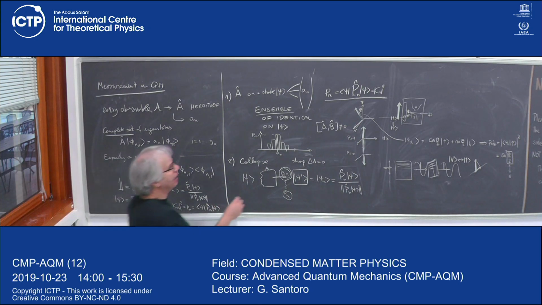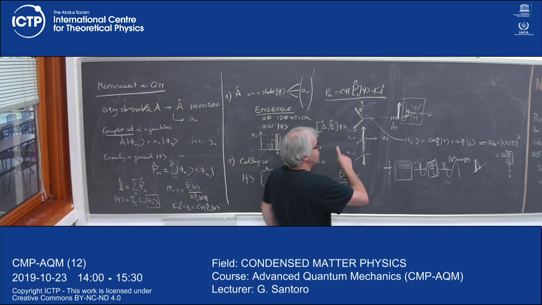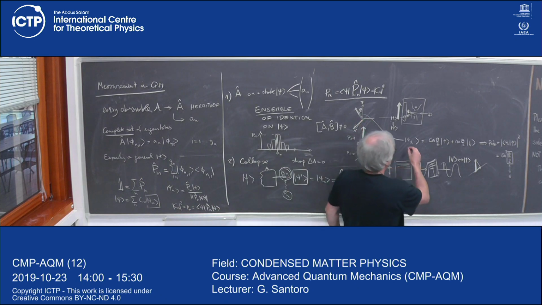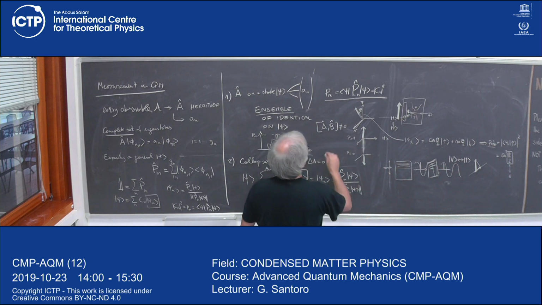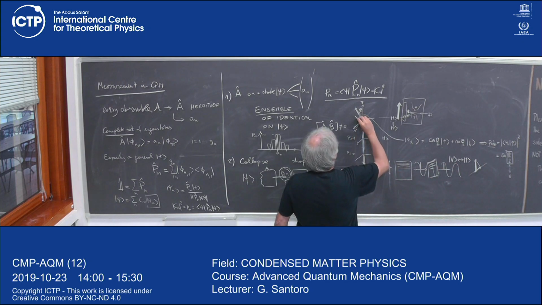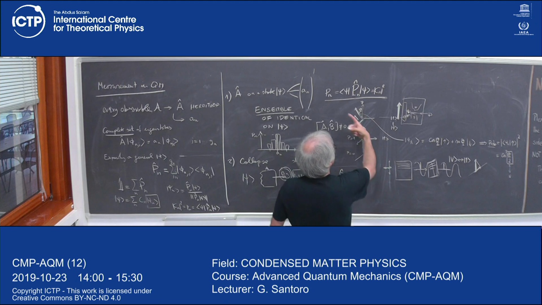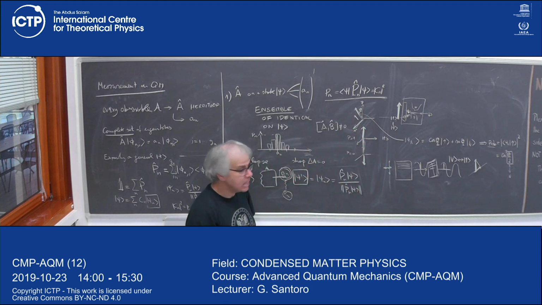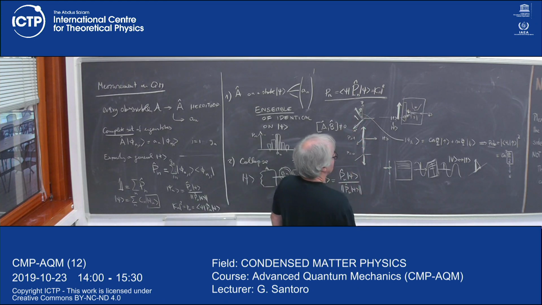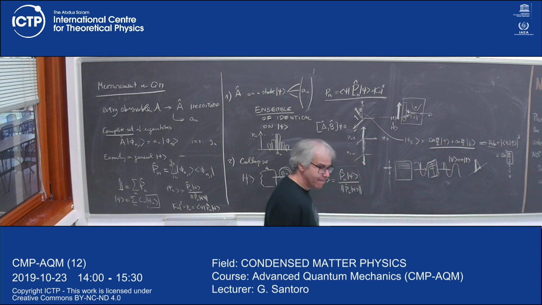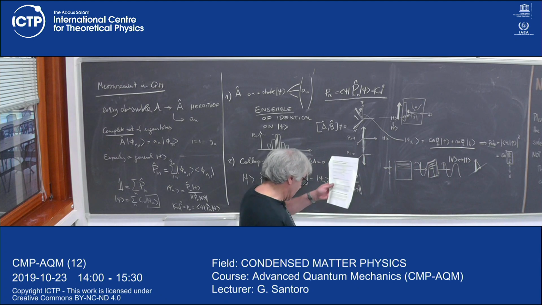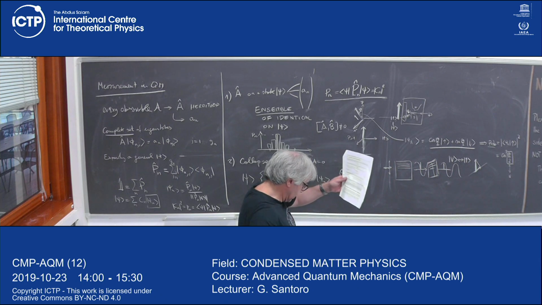Once this spin has passed through the filter, and it does so with a certain probability, which you can calculate, cos square over 2, the spin has collapsed into being in that direction. So in some sense the new wave function is precisely this.